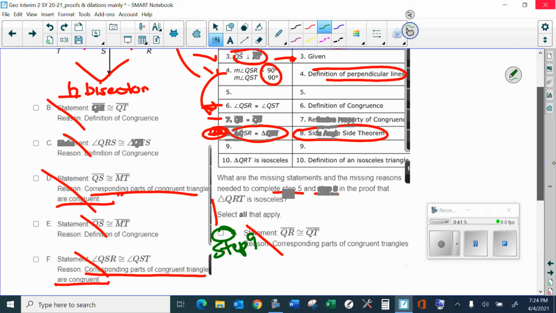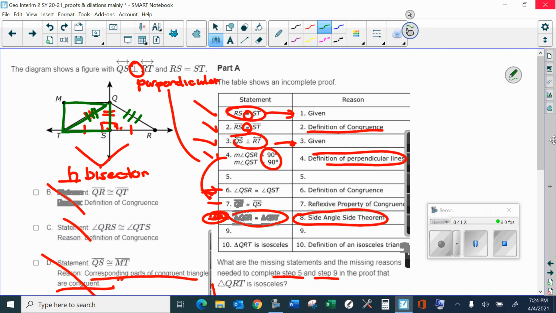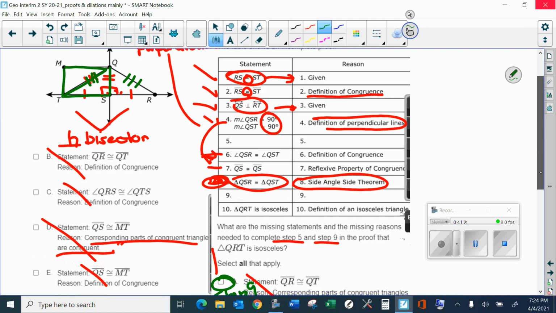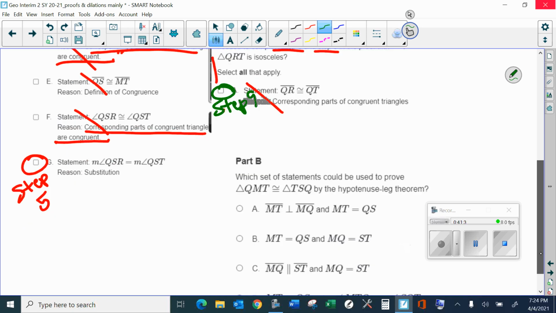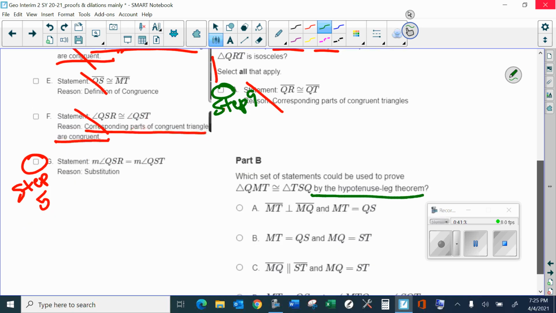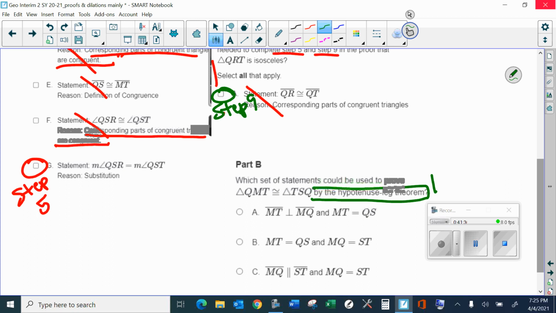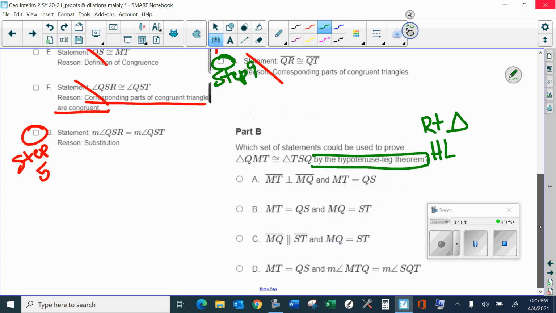Obviously, we already have the reflection property right down the middle there, so they're congruent by the HL theorem, hypotenuse leg. Where does that occur? Only in right triangles. So we need something to be able to prove the right triangles.